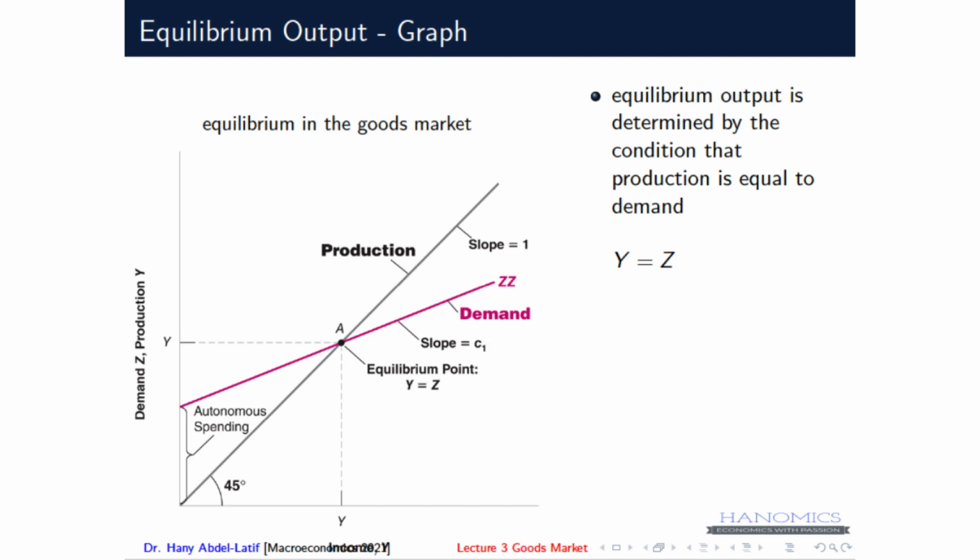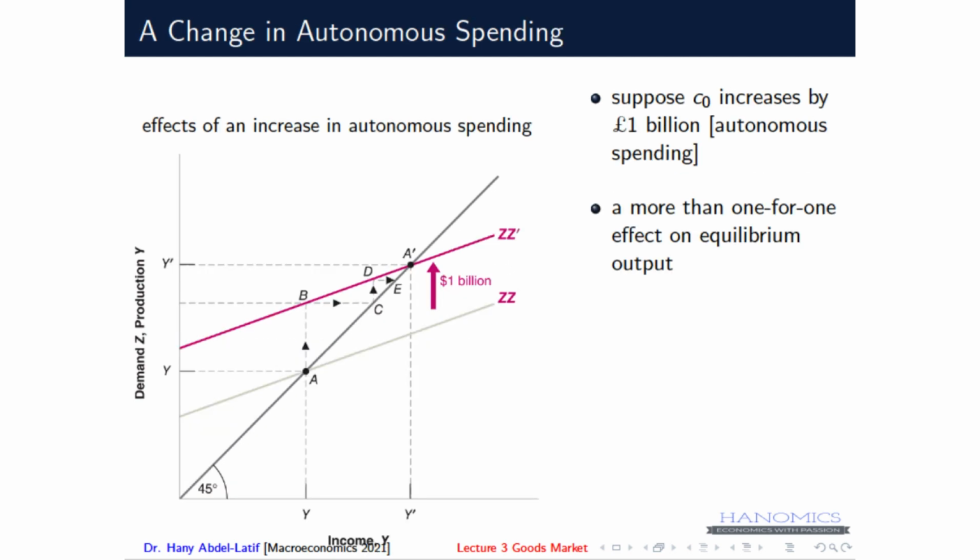So now let's think of what could change this point A. One thing that changes this equilibrium is an increase in autonomous spending, any of the autonomous spending components.